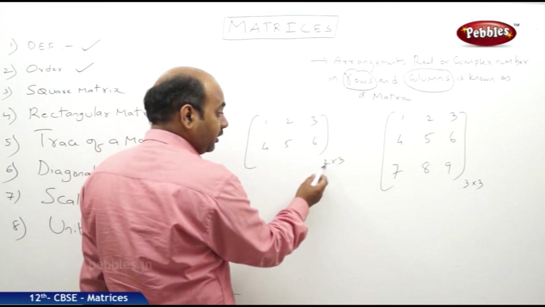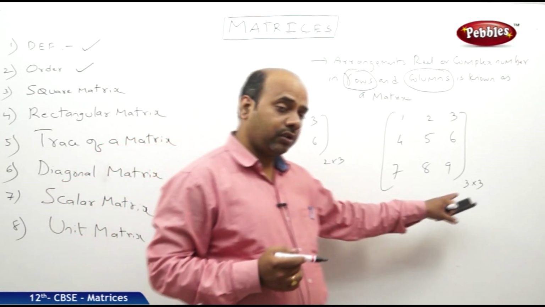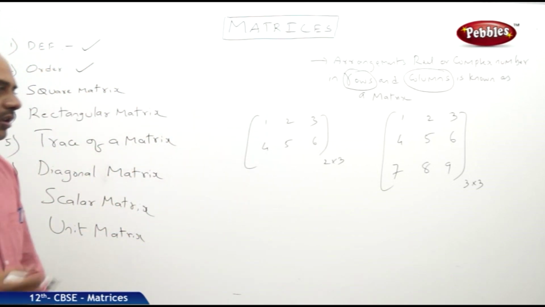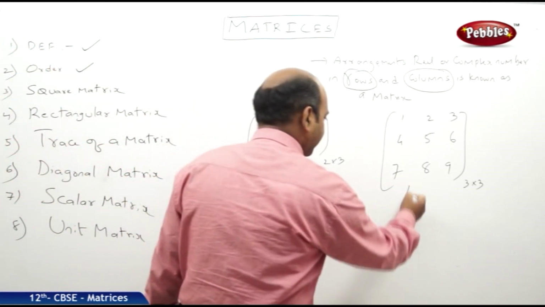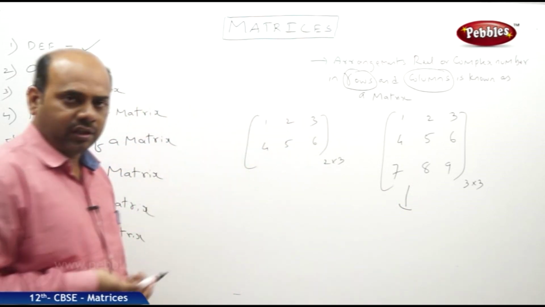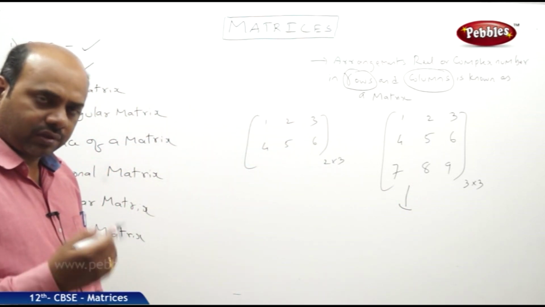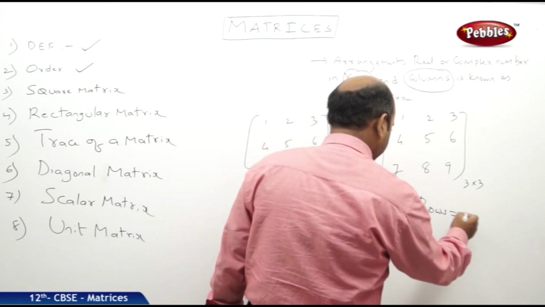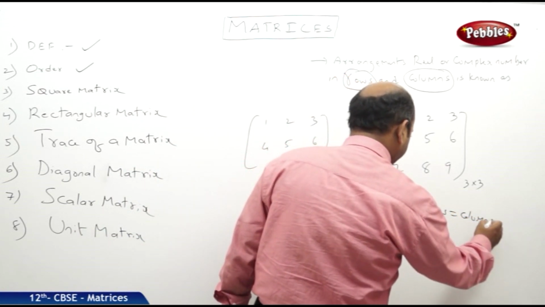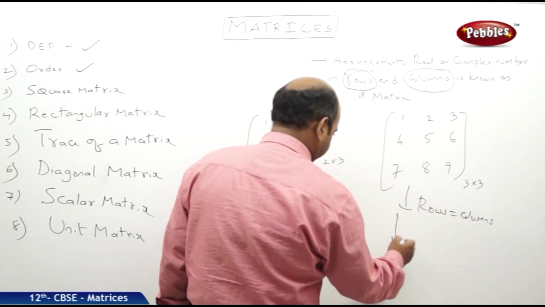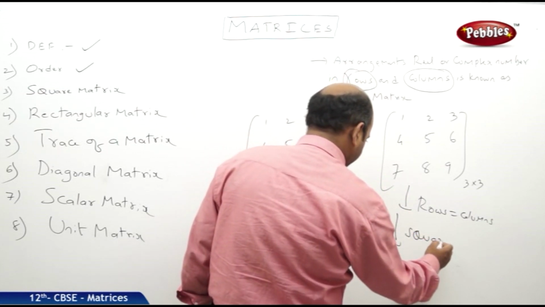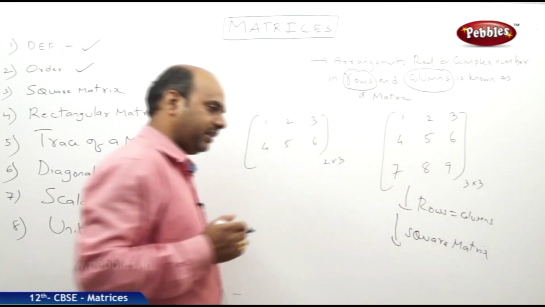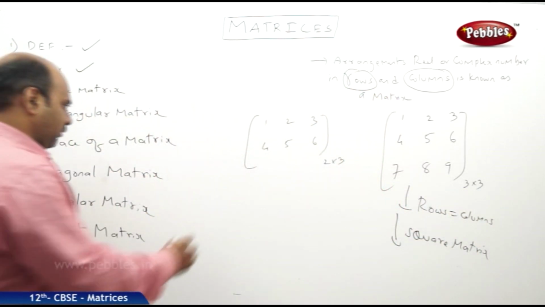That means here row is not equal to column, here row equals column. So what can I conclude? Whenever rows are equal to columns, we call this kind of matrix a square matrix.